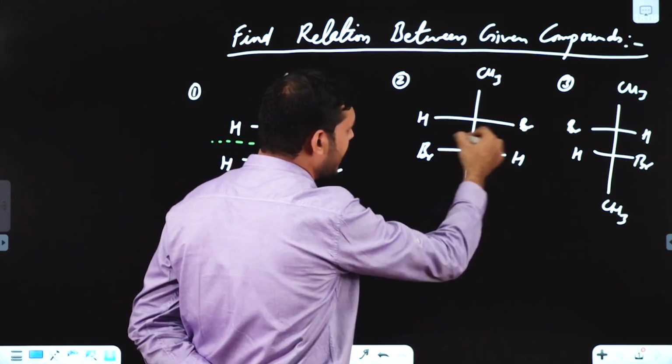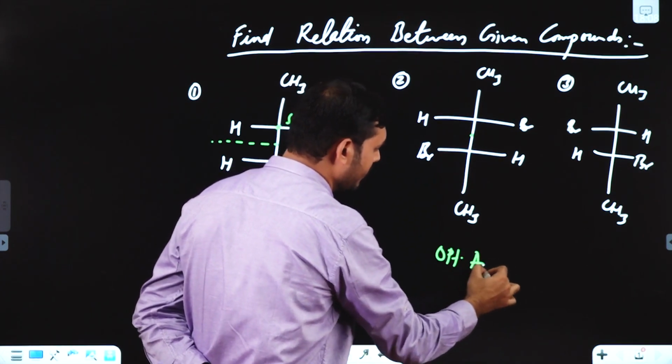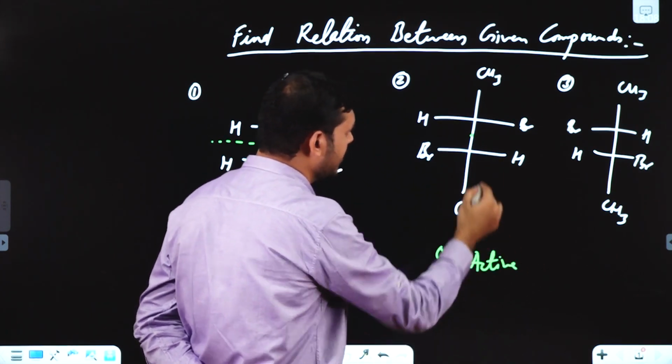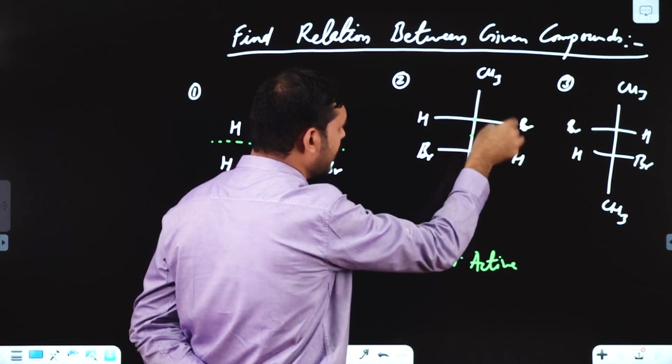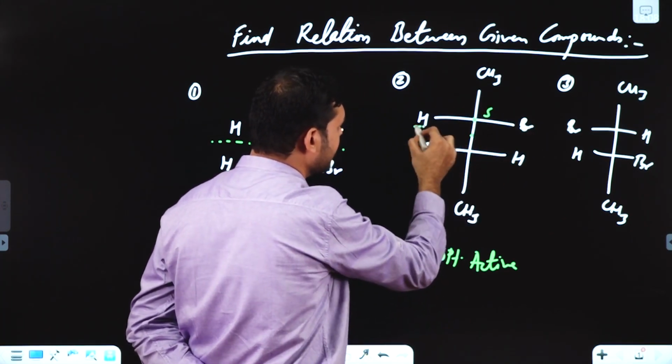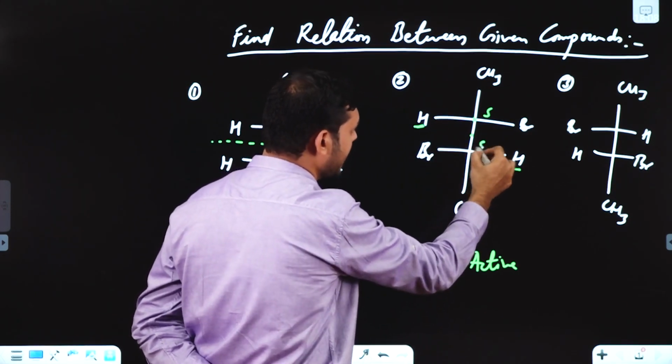This compound has no POS, no COS, so it is optically active. Its configuration here is 1, 2 this side, clockwise, R, reverse, S, because hydrogen is in here.